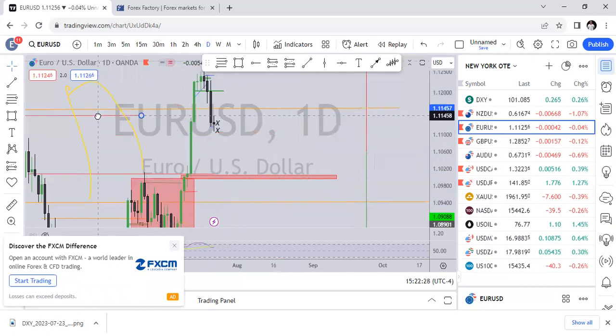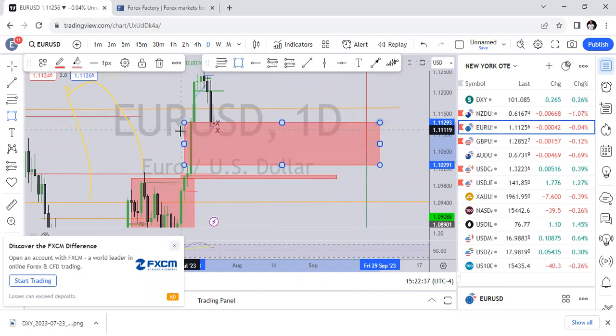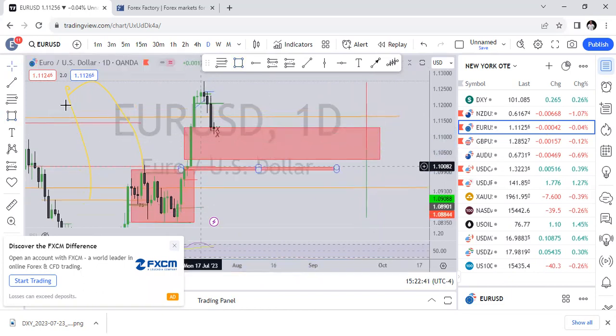If we observe very well, we see that there is a fair value gap here. If we expect that it should come down and fill up that fair value gap in the daily, that is a new target.